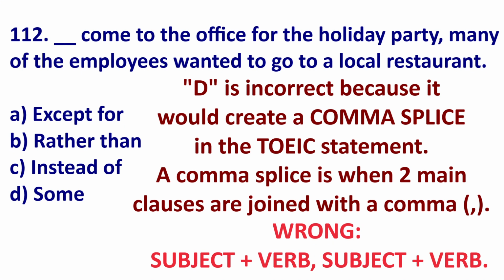Why? If you say some come to the office for the holiday party, this is subject verb. Some come to the office. It is an independent clause. Then you have a comma. After that, it says many employees wanted to go to a local restaurant. This is also subject verb.